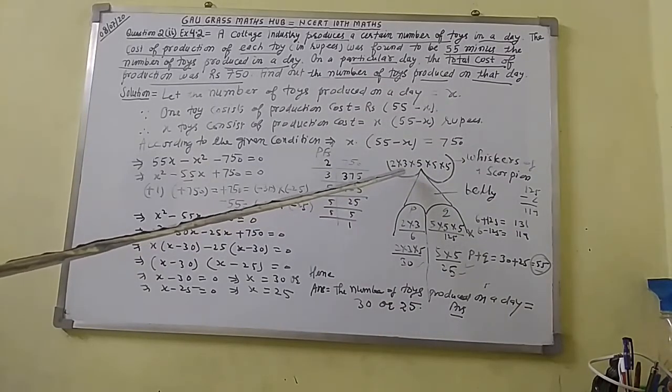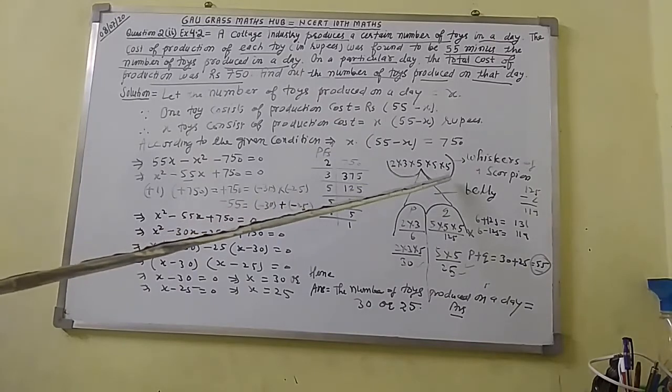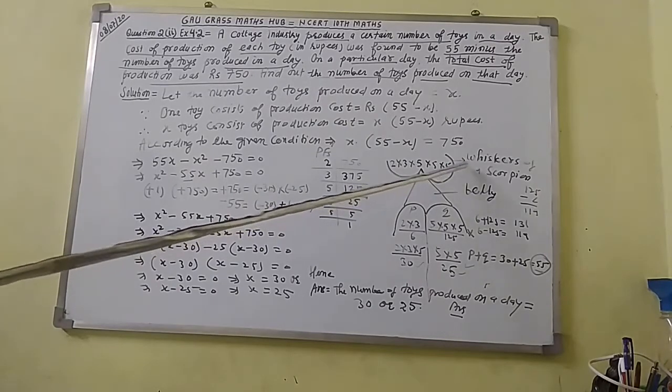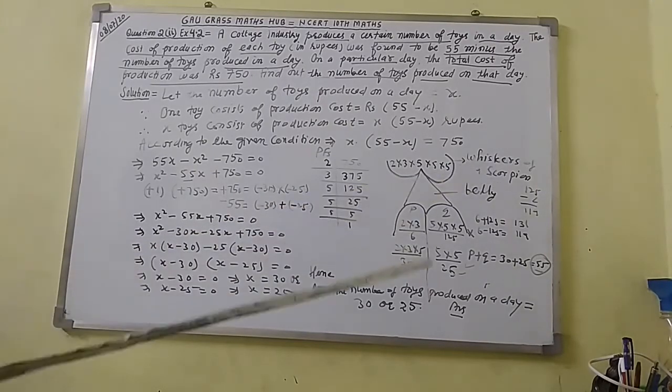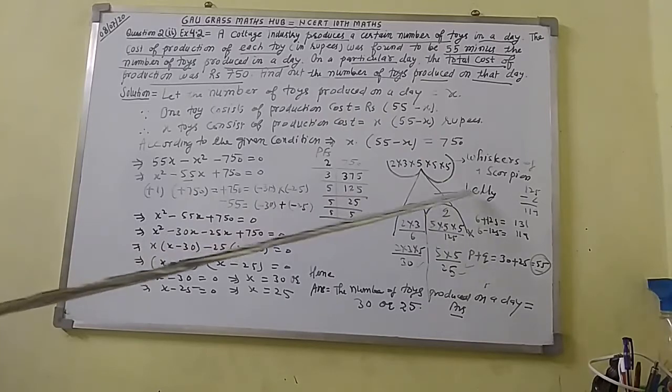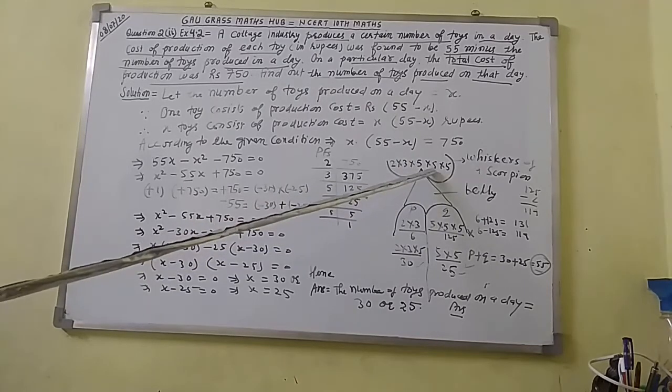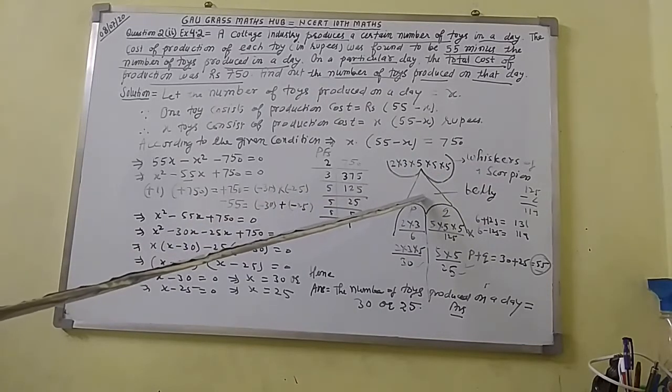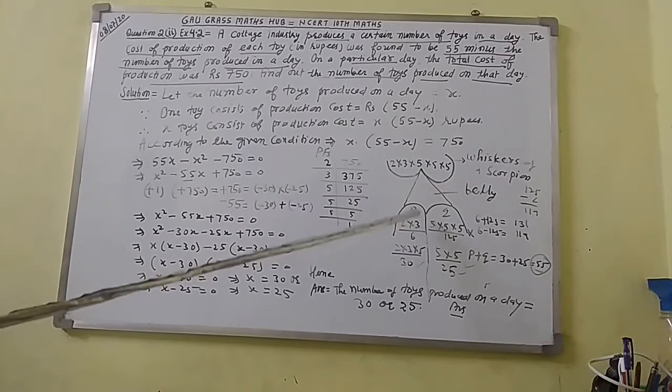I have put all these prime factors within the whiskers of a scorpion. All these prime factors will go inside the belly of a scorpion. There in the belly, all these prime factors will not get digested, and will be thrown out.